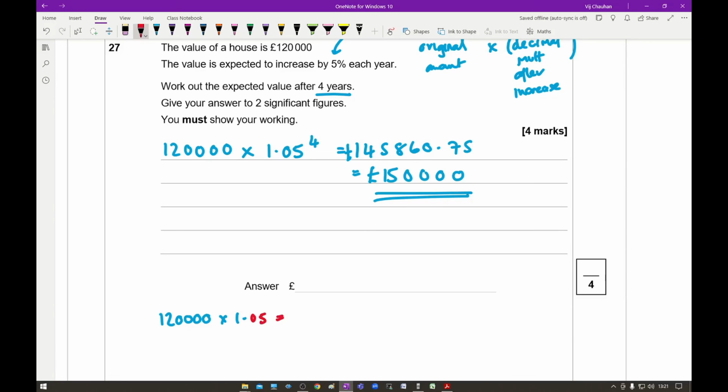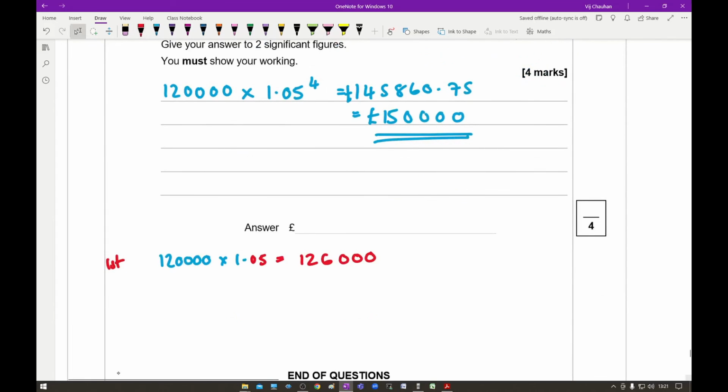So the first year is going to be 120,000 times 1.05, and that comes up to a total of 126,000. Then for the second year, I'm going to do 126,000 times another 1.05, and that comes up to 132,300.